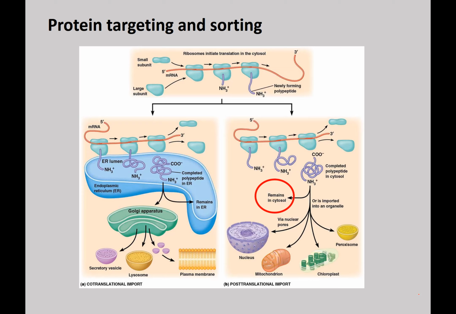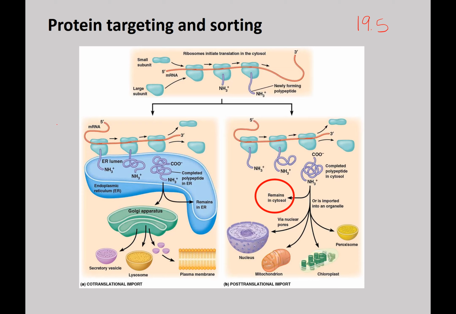So now we're back to talk about the last bit of this week's information from Chapter 19, protein targeting and sorting. This is really section 19.5. All right, so there are three general groups of proteins.